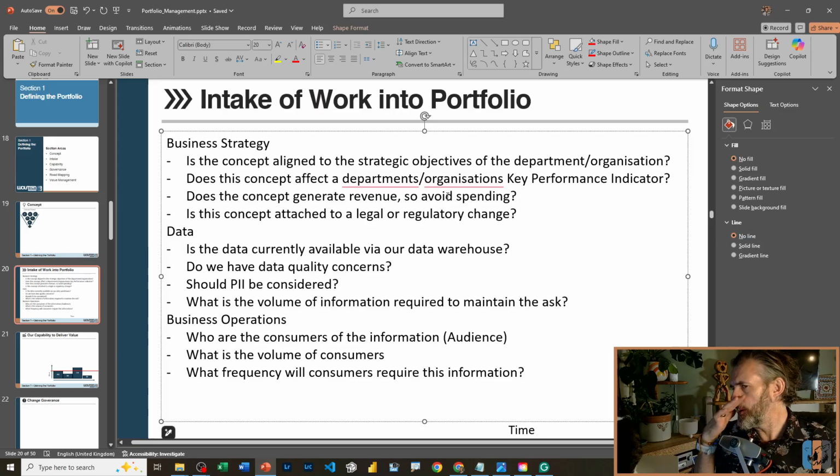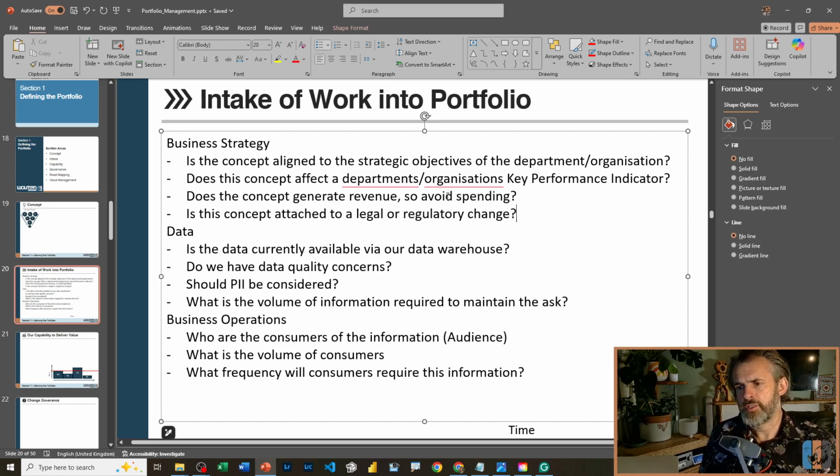Okay, so we've got a series of questions there, haven't we? That we're asking prior to taking on a piece of work. I think there's going to be more. What's missing from there? So we've got some strategy questions. We're a data and analytics team, so we've got data questions.